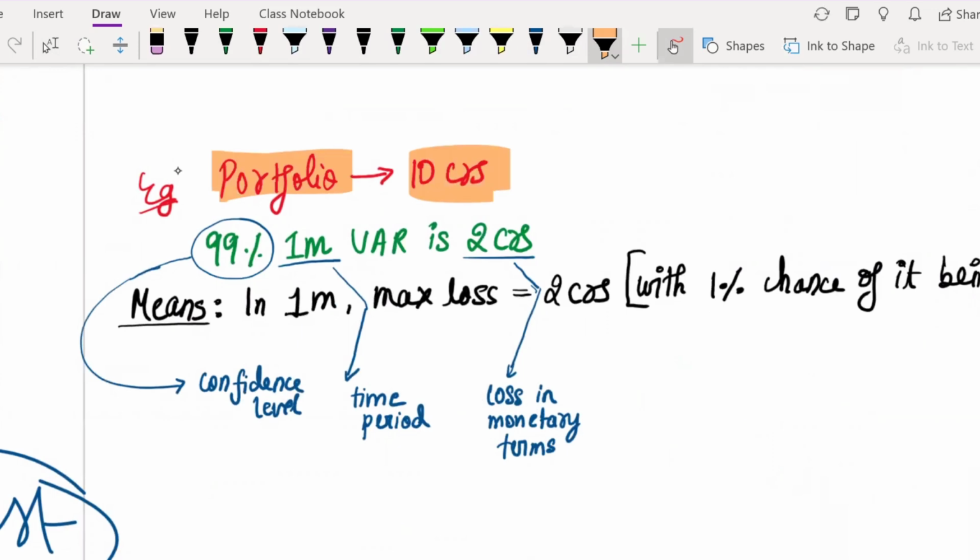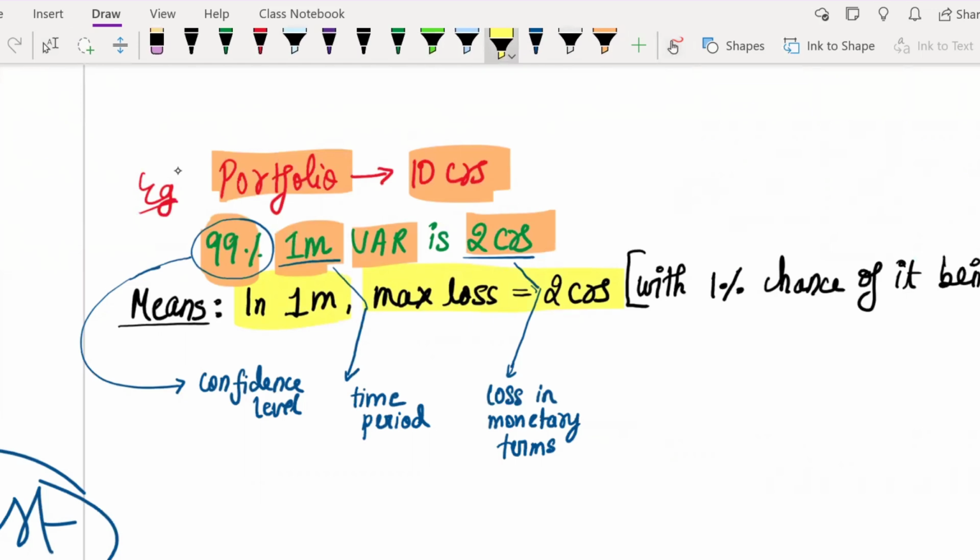Now, if I tell you that with 99% confidence, in the upcoming month, your value at risk is 2 crore rupees, it basically means that in that 1 month, the maximum loss that you can face is 2 crore rupees for the portfolio of 10 crore rupees that you have. And this I'm telling you with 99% confidence.